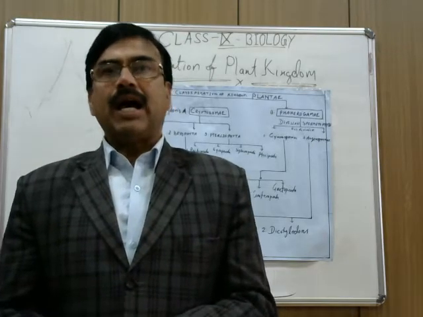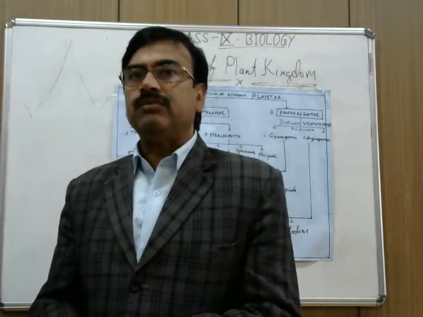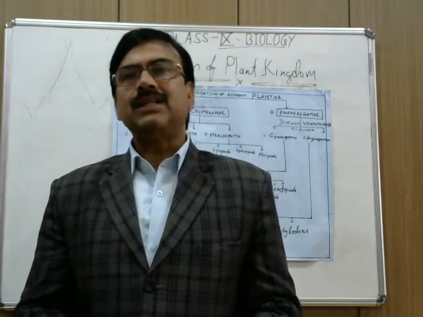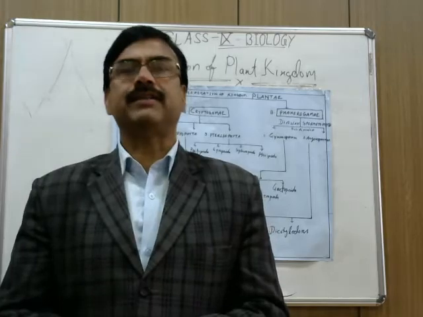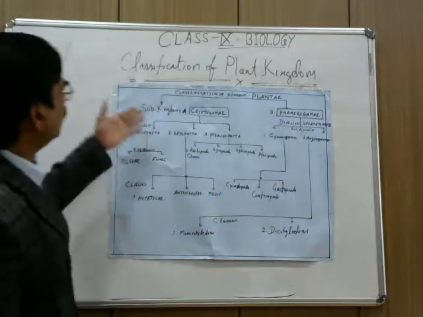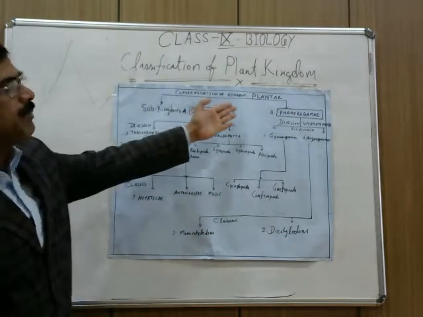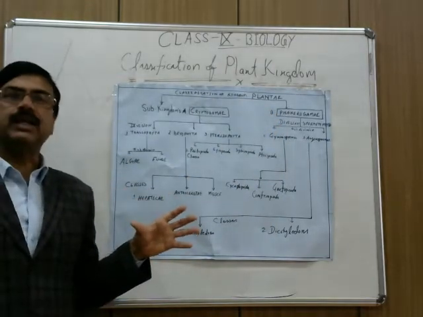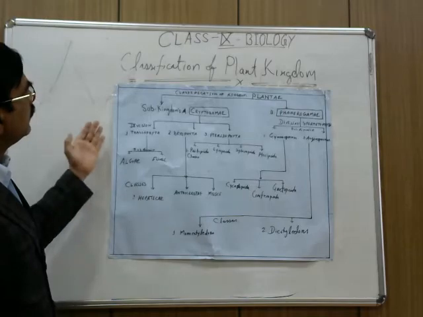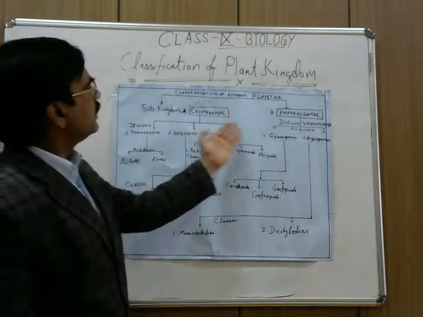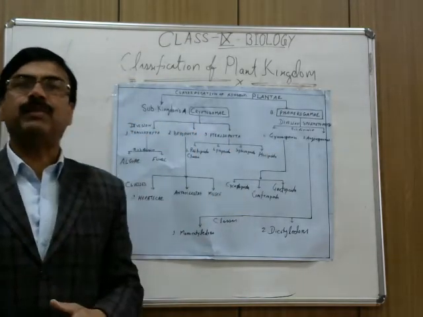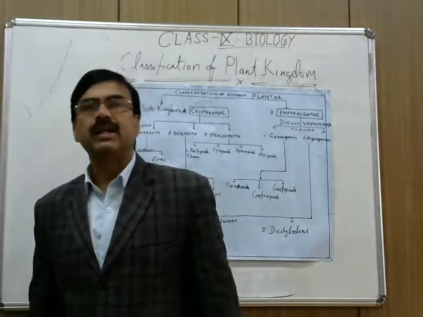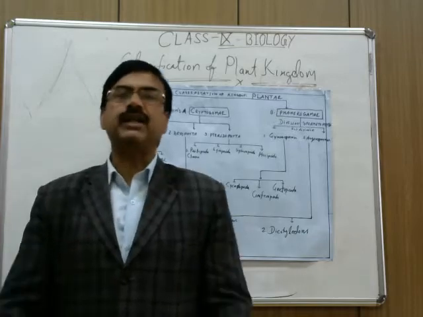But today I am here with a new topic that is related to classification, and that is the classification of plant kingdom. In the classification of plant kingdom, I will explain that all plants are categorized into two categories, that is cryptogamous and phanerogamous.